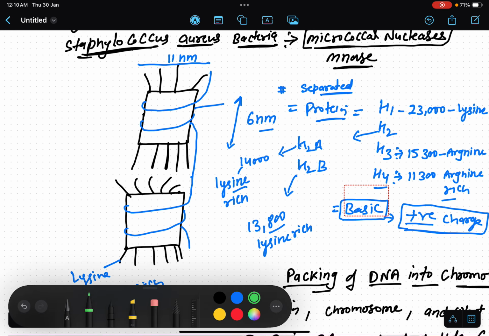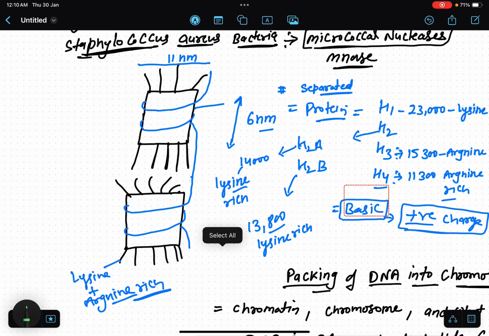Now, using the MNase enzyme, we cut this DNA here to here.